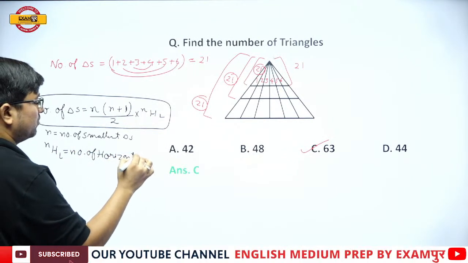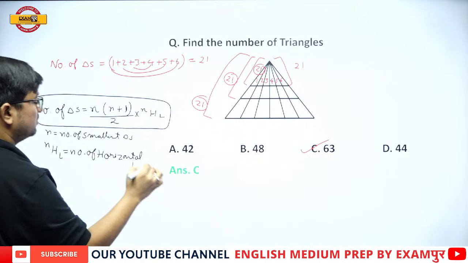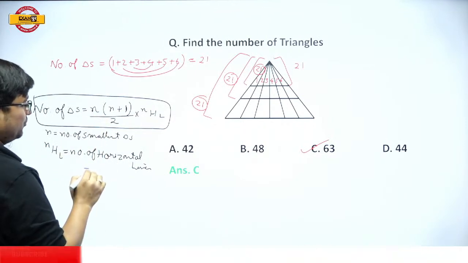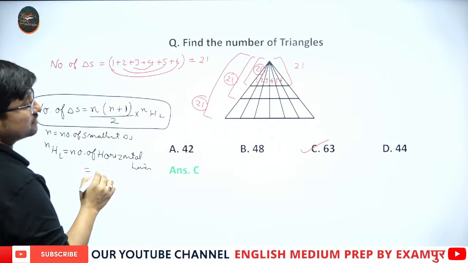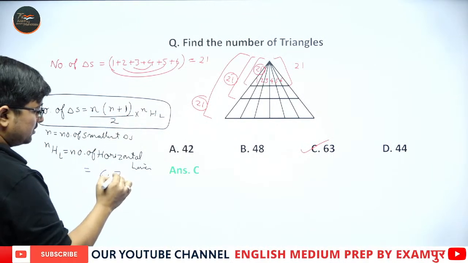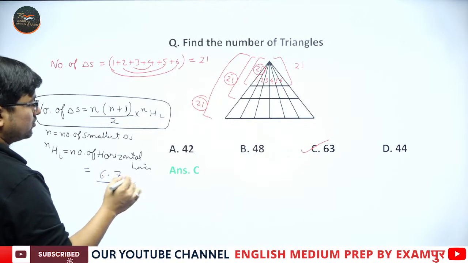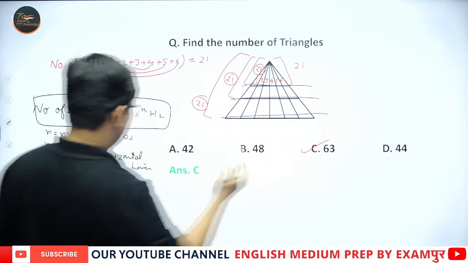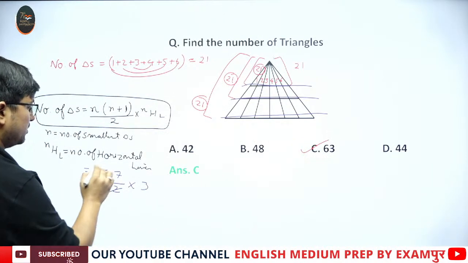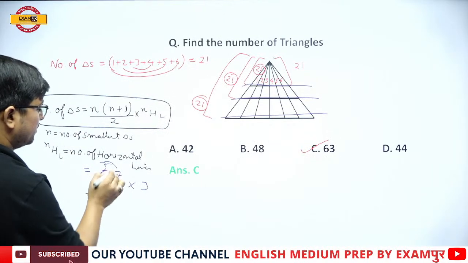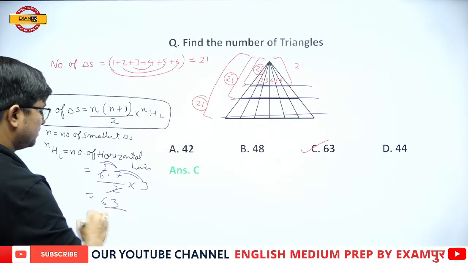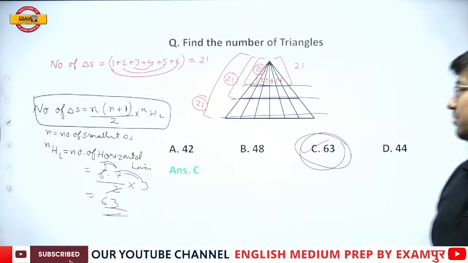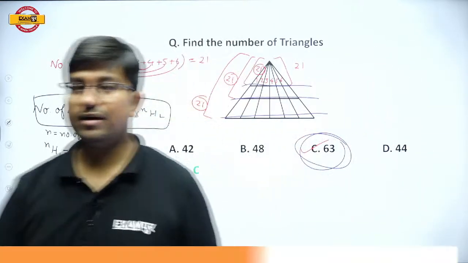So n's value you will put here as 6 into 6 plus 1, 7, upon 2. And the number of horizontal lines are how many? 1, 2, 3. So 6 by 2 is 3, 3 7s are 21, and 21 into 3 is 63, and that is the right answer. Option number C, 63. Getting it everyone?